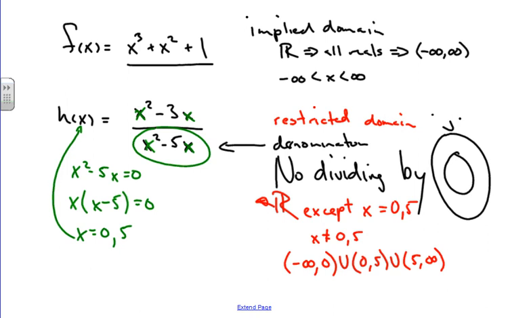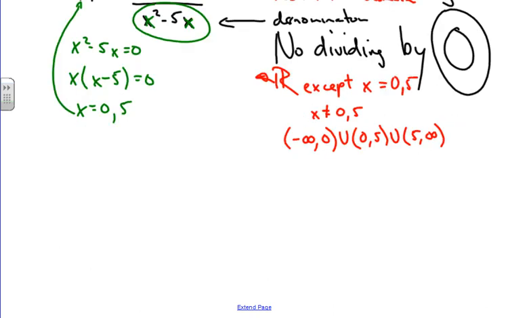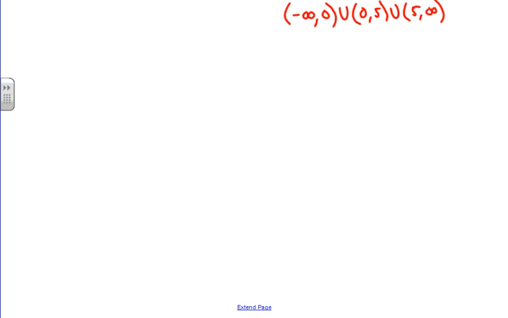Now, another one that we see a lot of is the square roots. If I had, we'll call it s of x, the square root of 4 minus x, it's a simple one. But when we have this, we realize that we have a square root, or an even root.